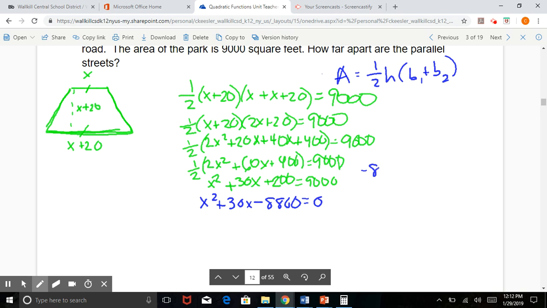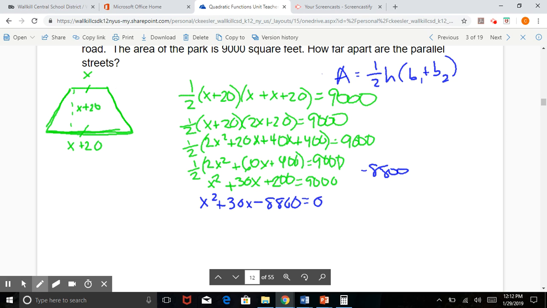So I have negative 8,800, and I do not know the factors of negative 8,800 that are going to have a difference of 30. So I'm going to go into my calculator, do negative 8,800 divided by x, pull up my table, and look for factors that are 30 apart.